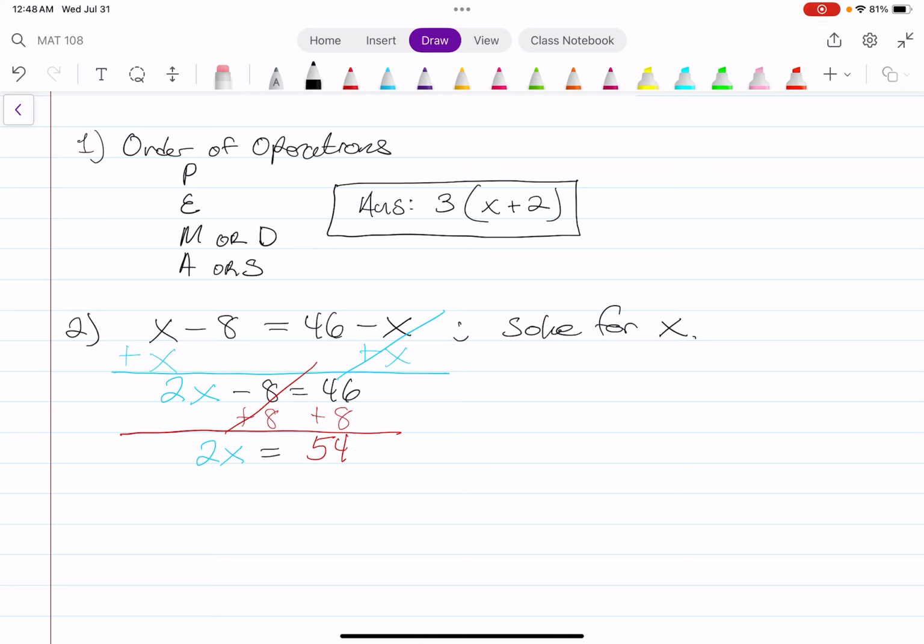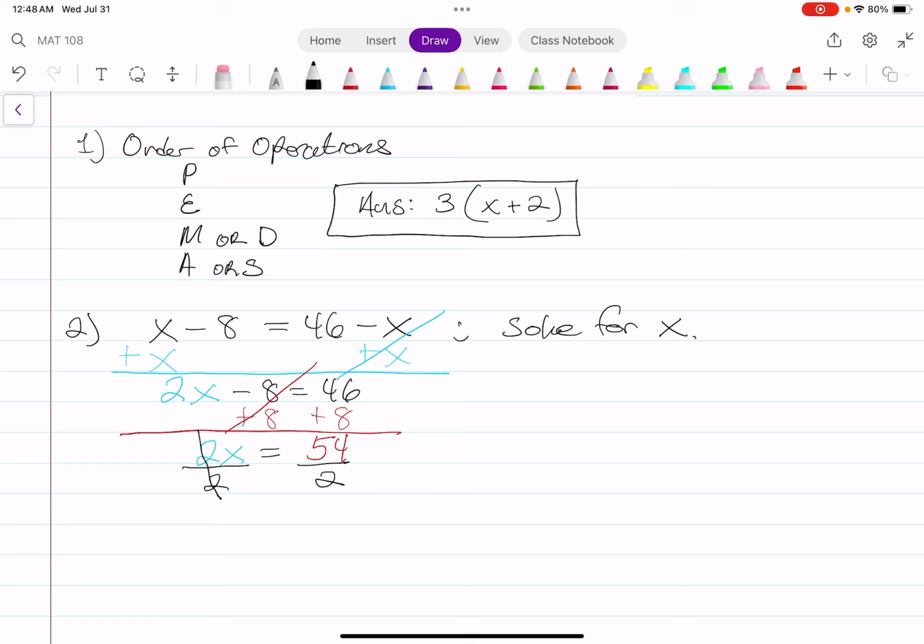The operation that's going on between 2 and x is multiplication. We want to isolate the x. Therefore, we have to do the inverse operation of multiplying by 2, which is to divide both sides by 2. The 2's simplify each other out. Once again, you have to understand key concepts.